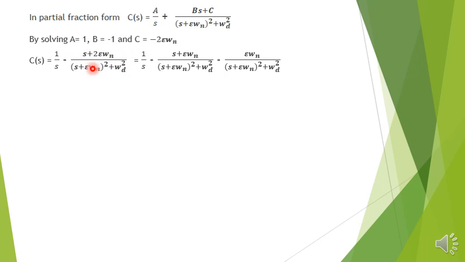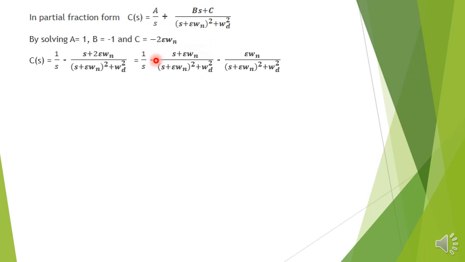So if I represent it in terms of s plus zeta omega n and omega d separately, then I can write it as a cos function or a sine function. For that I simplify s plus 2 zeta omega n as s plus zeta omega n and zeta omega n, two separate terms. So s plus zeta omega n divided by s plus zeta omega n whole square plus omega d whole square.